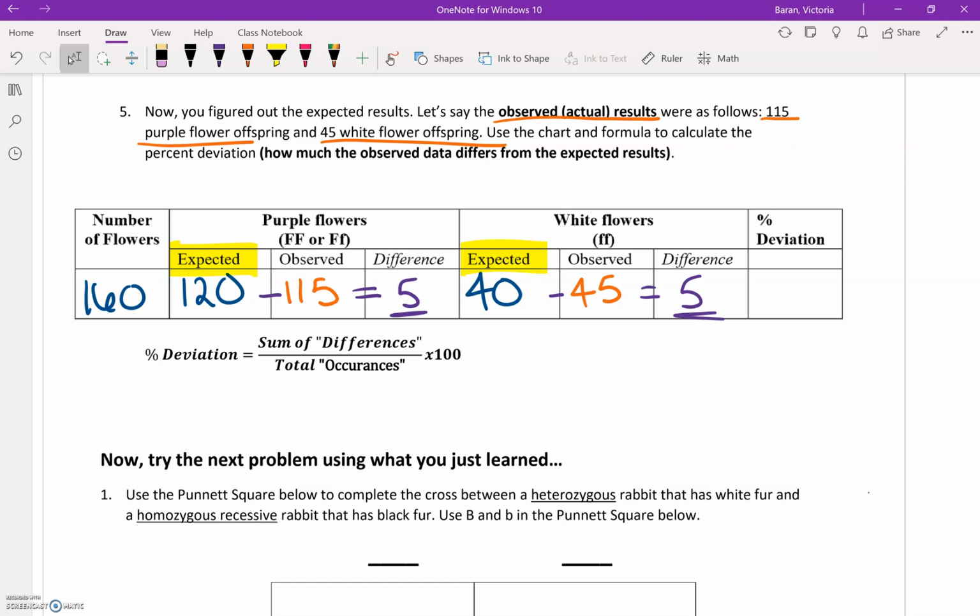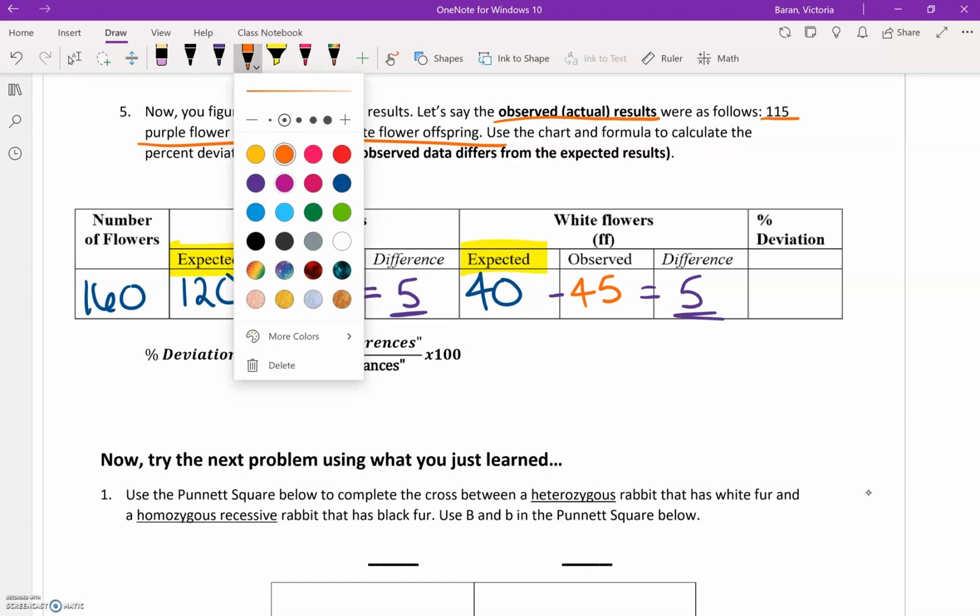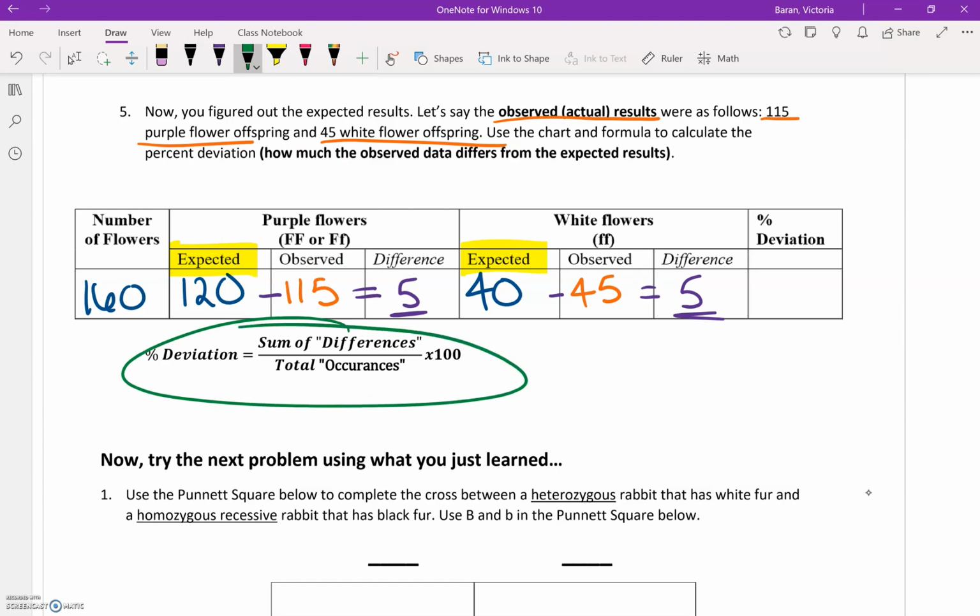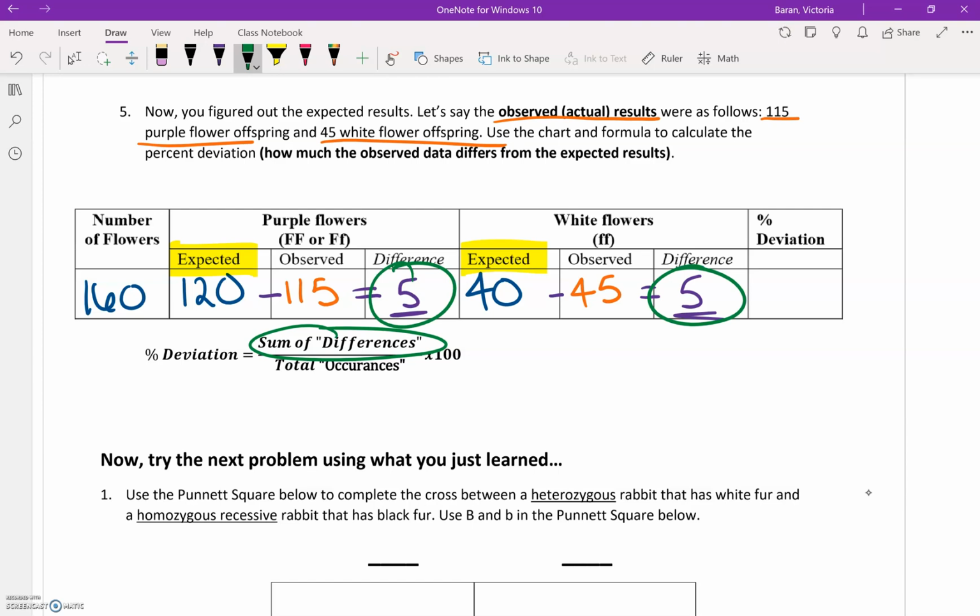Now we are going to use this formula here to find the percent deviation. So how much did we deviate from those expected results? So the percent deviation is going to be the sum of the differences. So the differences, that's 5 and 5, and we're going to add them together. So 5 plus 5, divided by total occurrences. Well, total occurrences, that's how many flowers or how many offspring that we had.